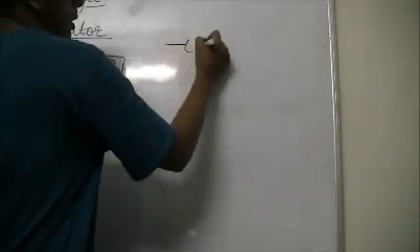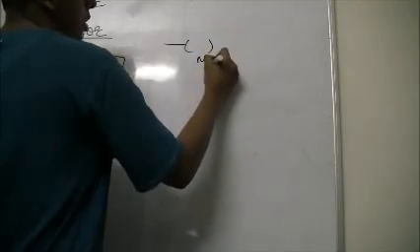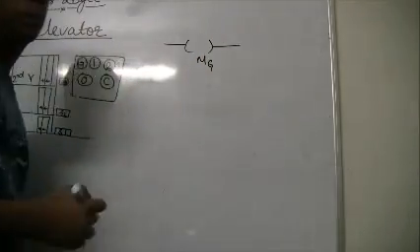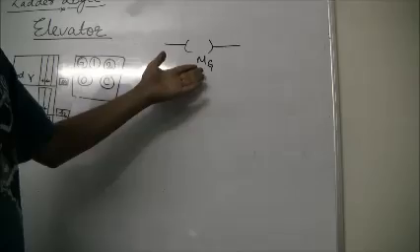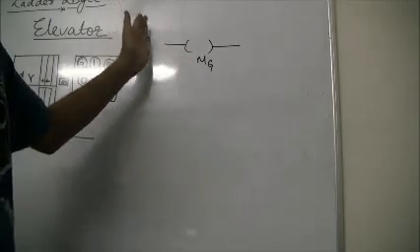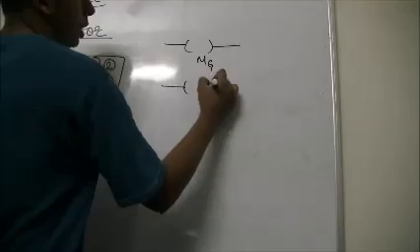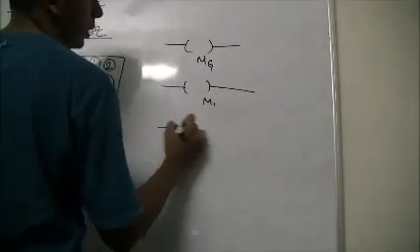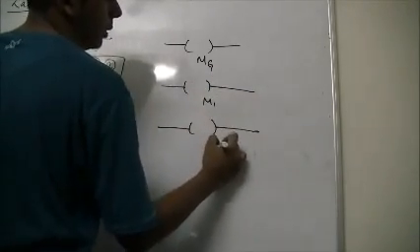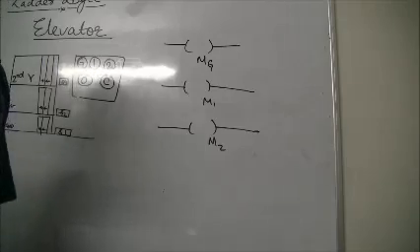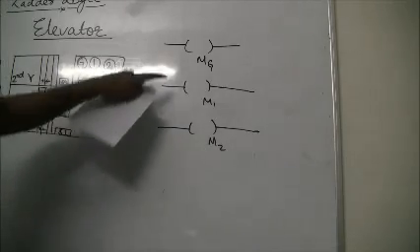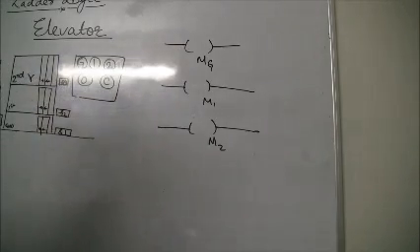For example, the moment I give MG as an output, the motor would take the lift to the ground floor. If I go for M1, it would take it to the first floor, and if I take M2, it would take the lift to the second floor. So that's an assumption. So these outputs are basically given to a motor.